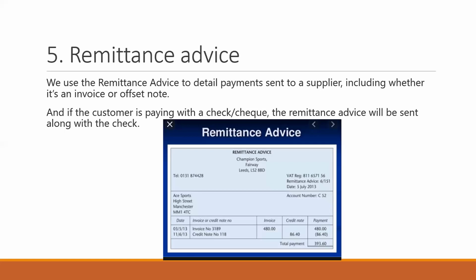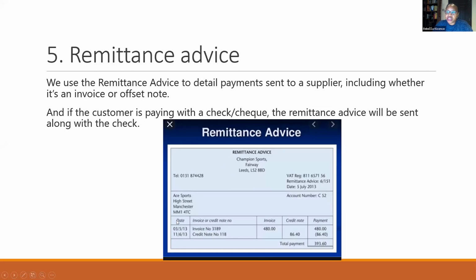So an example here, we have a remittance advice note from Champion Sports Fairway, okay? This is probably a debtor. This debtor received an invoice number 3189. The invoice was valued at 480, but probably Champion Sports returned goods to us.